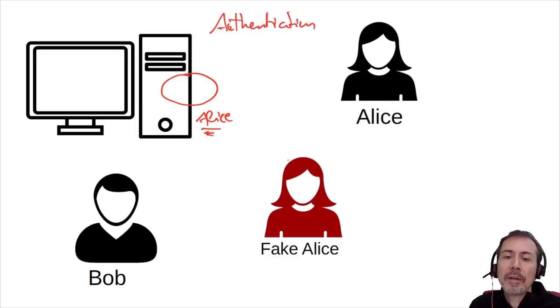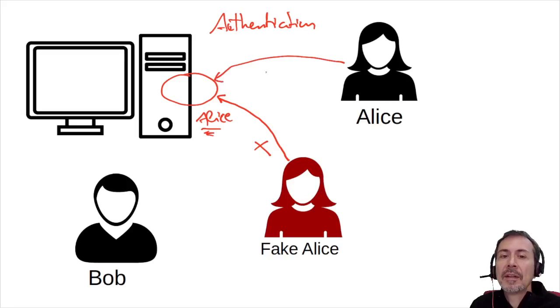So, for example, if this person tries to access the resource, she is not Alice, so the authentication process will fail and she won't be able to access the resource. If the real Alice tries to access, the authentication process will pass and she will be able to access the resource.